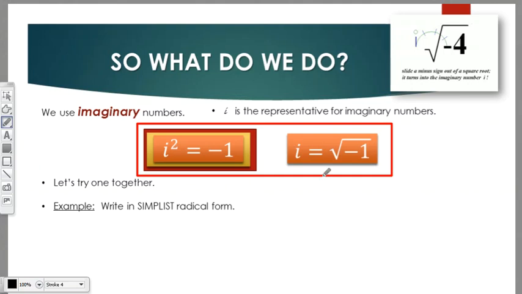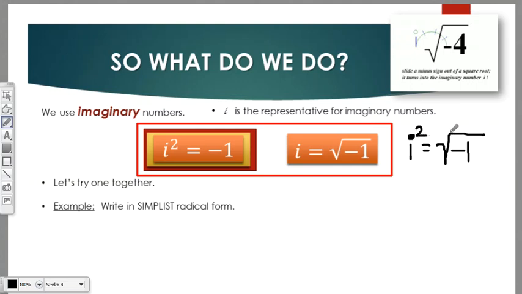Again, we talked about the fact that mathematicians, what's next? We had square roots and we simplified square roots. Well, what if I throw in a negative underneath a square root? That's where this imaginary number comes from. But what if I took i, which I know is the square root of -1, and I squared it?